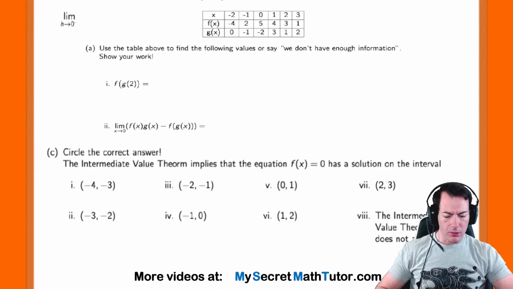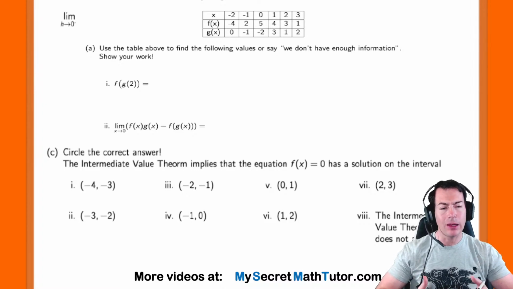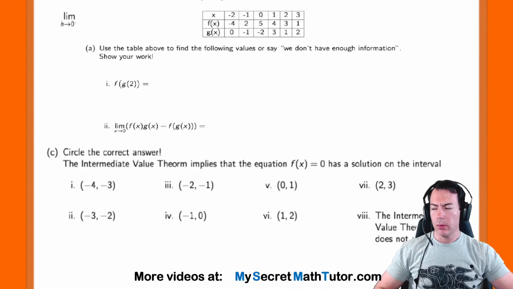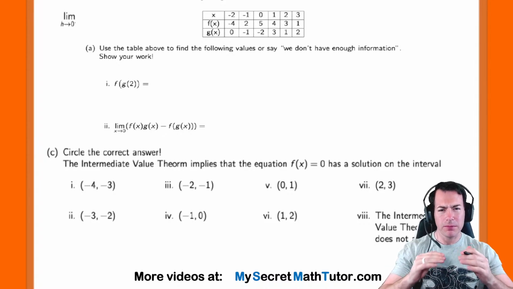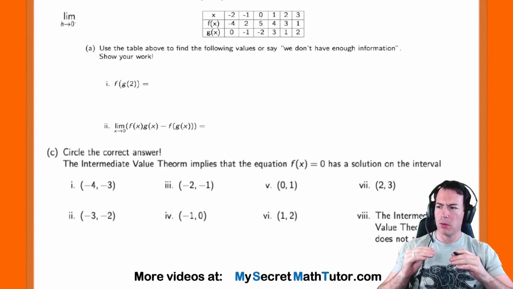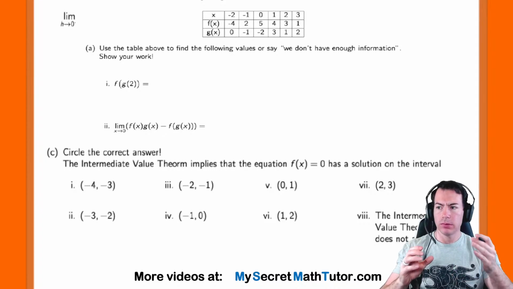So the question is, where would we expect the intermediate value theorem to guarantee that we actually have a 0? Where we'd have a guarantee of having a 0 is where it changes sign. So notice in the table, that first row there, f goes from -4, and then it goes to +2. Since f is continuous, the intermediate value theorem tells us that it has to have a 0 in that interval. That goes from -2 to -1.